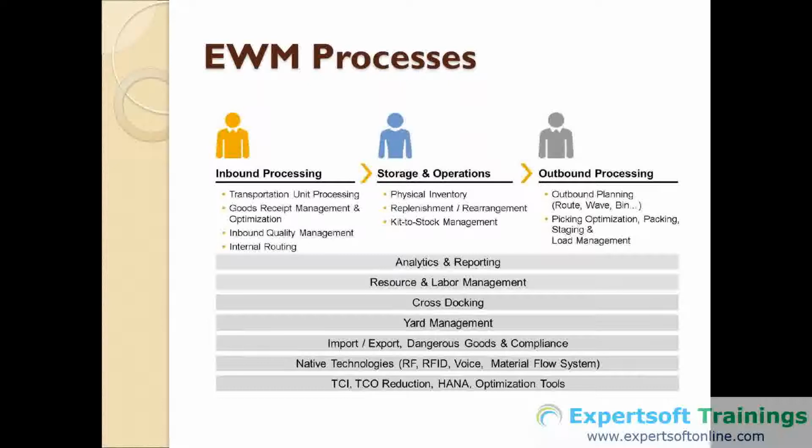In this example, let's take one called process oriented storage control. What does this refer to? It normally comes into the picture when we are receiving mixed pallets. Let's assume your vendor sends mixed products to your warehouse.